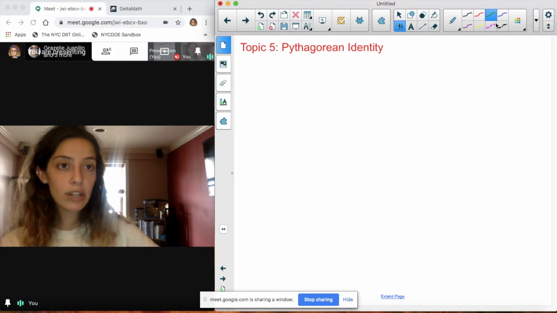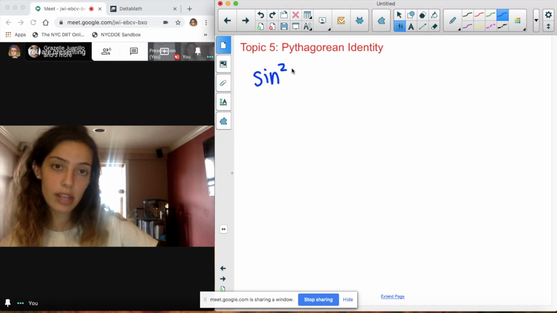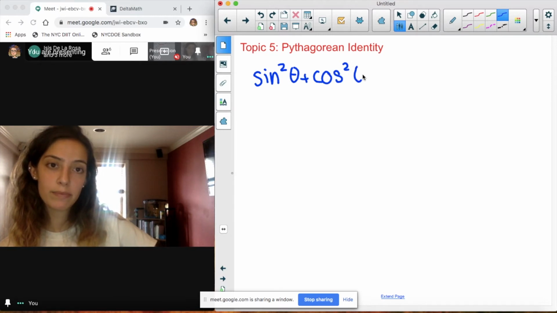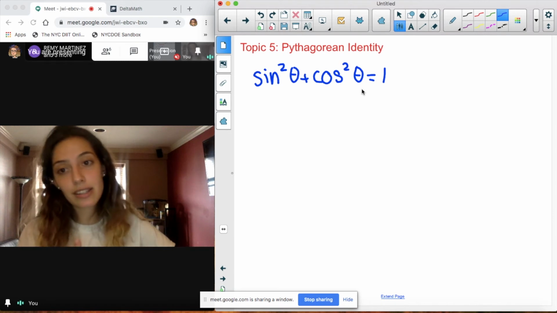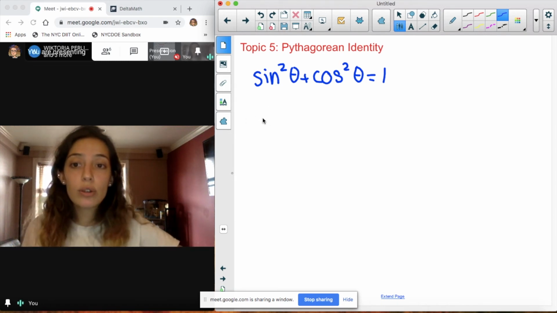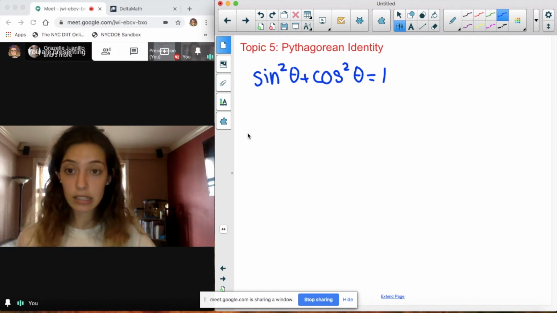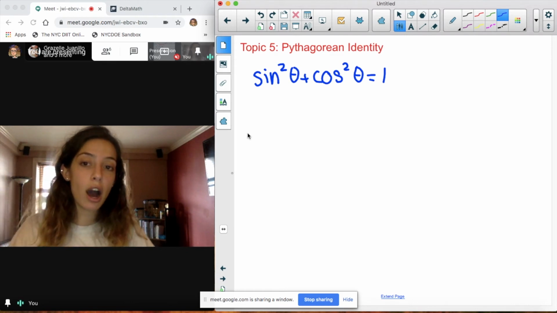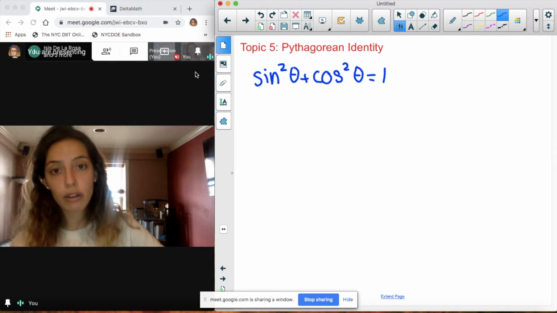So the Pythagorean Identity is sine squared theta plus cosine squared theta is equal to 1. Usually this is given to you, but in case it's not, this is the Pythagorean Identity. Now, the way you use this is they'll give you a sine or a cosine. You plug that in, and then you solve for the other trig function. Okay, so if they gave you cosine, you'll solve for sine.